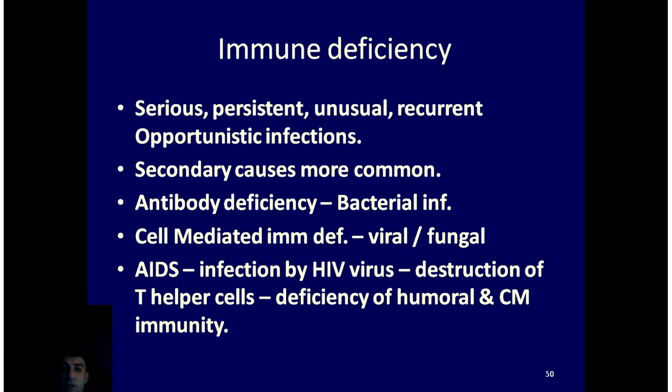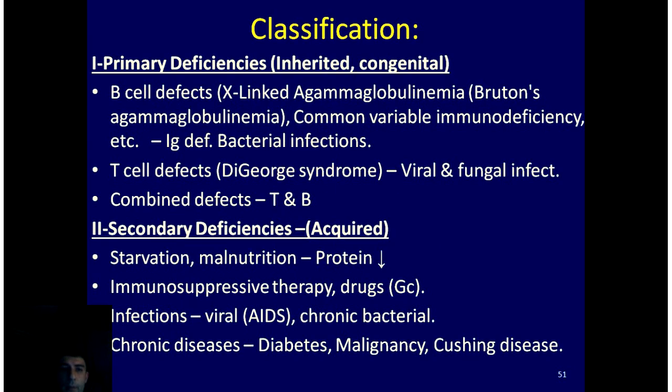Some immune deficiencies due to innate immune disorders we discussed when we were talking about inflammation, those which were about problems in neutrophil killing mechanisms, myeloperoxidase deficiency, etc. And here, therefore, we will go only through adaptive immune response problems. They could be classified as mainly B cell defects and T cell defects.